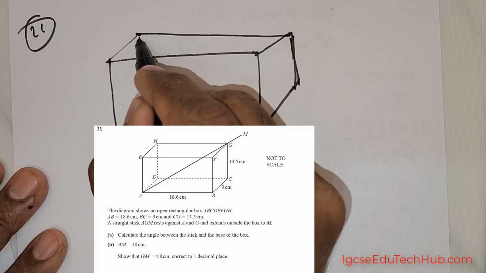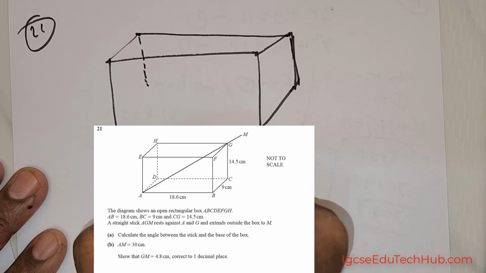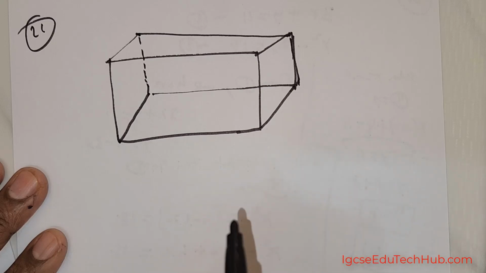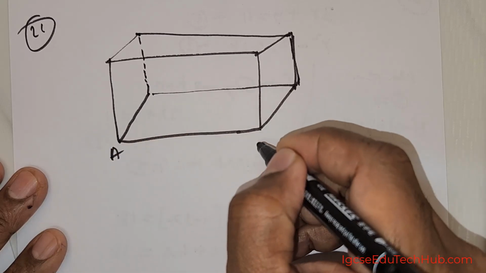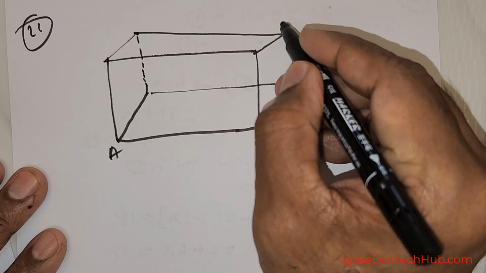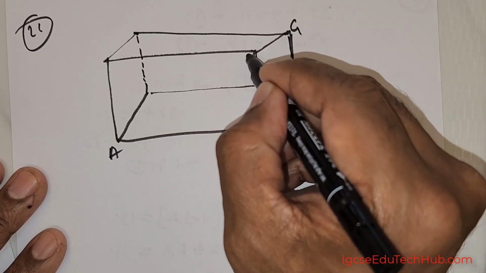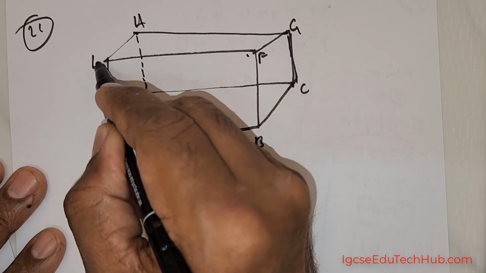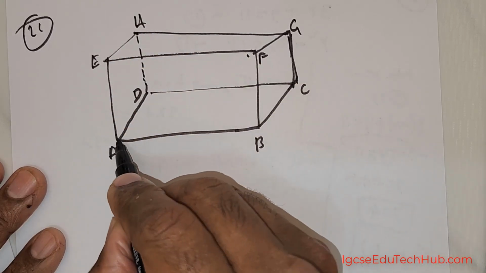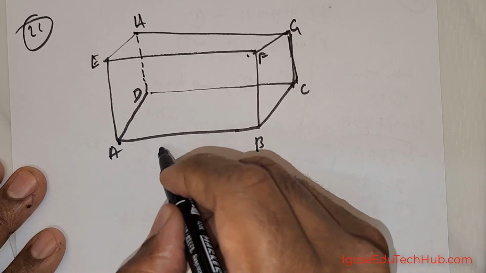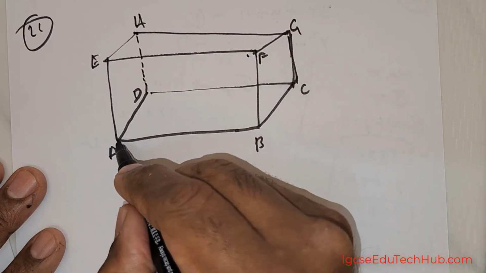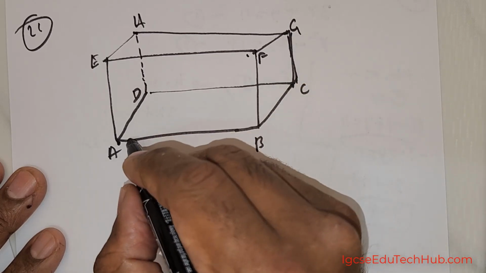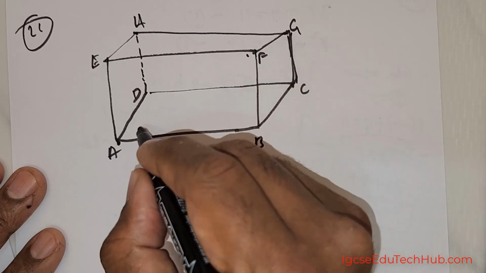Okay, now this is A, B, C, G, F, H, E, T. Now from here you actually have a line that is hitting the other end.